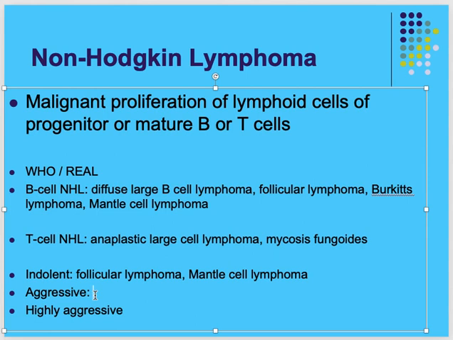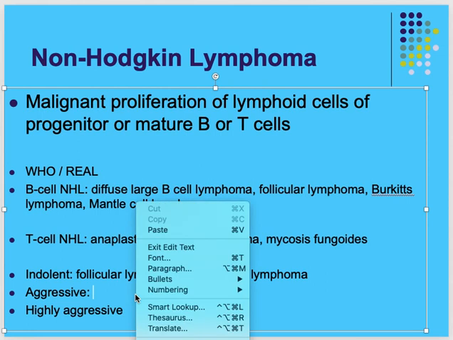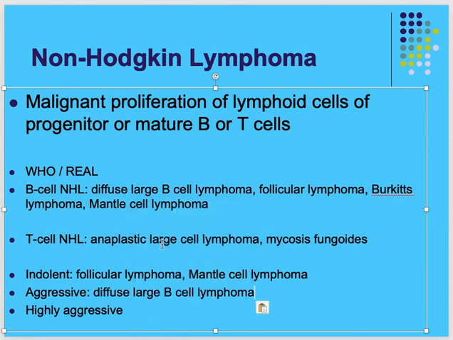An aggressive type of lymphoma, for example, is diffuse large B-cell lymphoma. Or highly aggressive lymphoma, guys, one example is Burkitt's lymphoma.